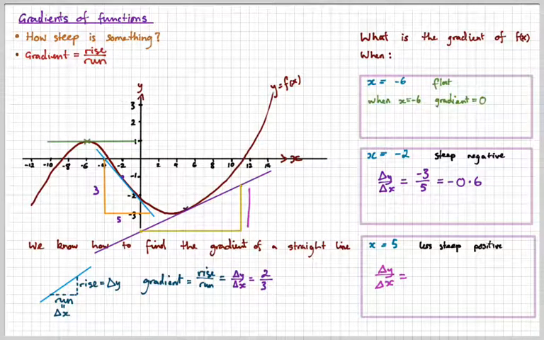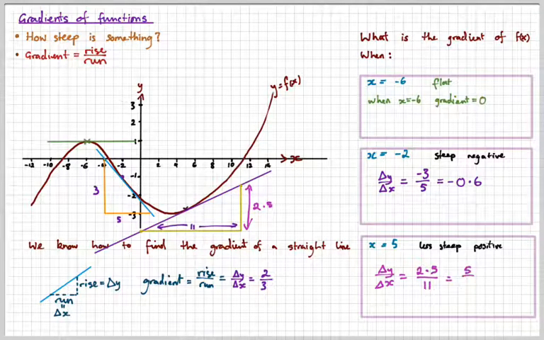This height here is 2.5, so we've got 2.5 for the rise, and the run looks like it is 11. So we've got 2.5 divided by 11. If you do this in your calculator, or you simplify, you get 5 over 22, and 5 divided by 22 gives you an answer of about 0.23. So you can see it is less steep and it's positive.